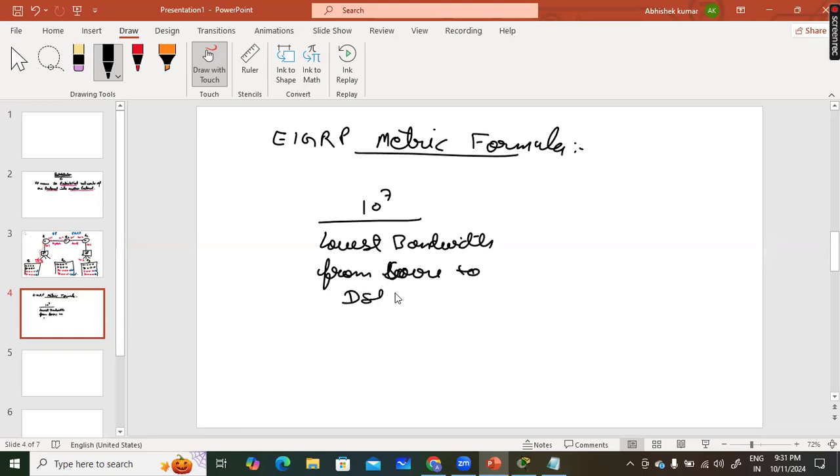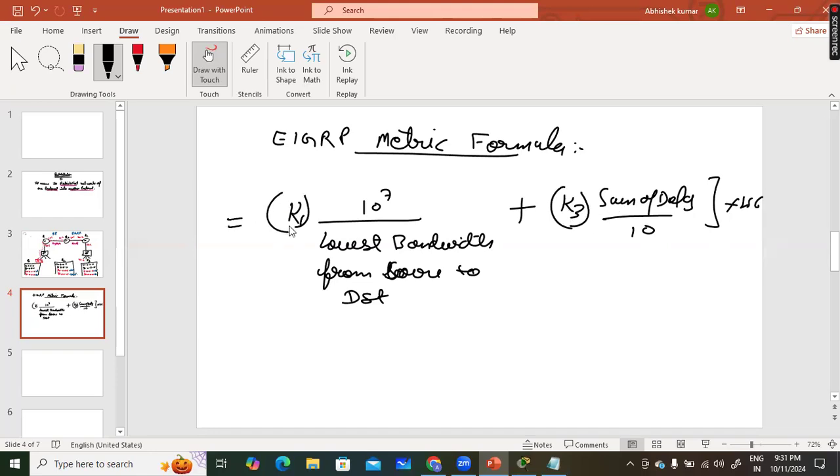plus the sum of delay divided by 10, into 256. We have to multiply this with K3 and this with K1. It will not have any effect on our answer because by default the values of K1 and K3 are 1. So we can write the formula like this as well.